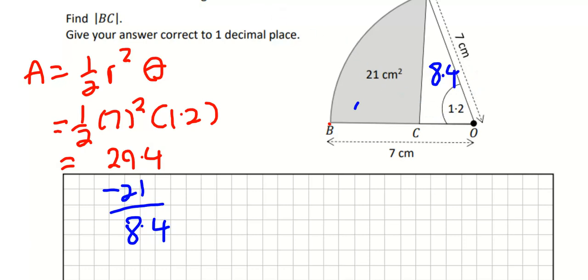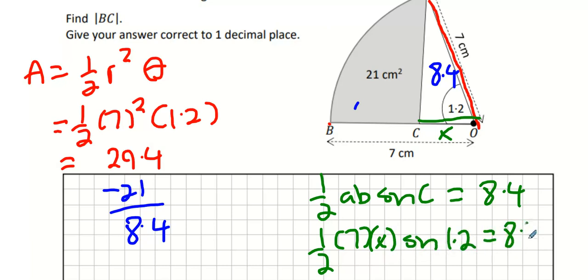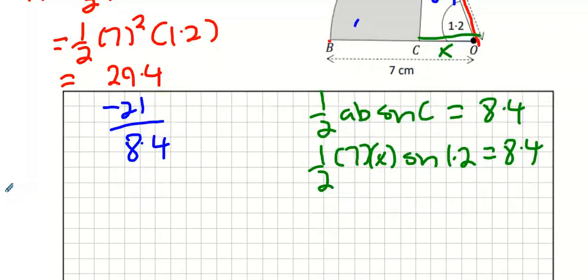Now, I'm going to use the area of a triangle formula. So this red line multiplied by this green line. So a half ab sine C equals 8.4 because that's the area of the triangle. We'll call this green line X. So it's going to be half 7 times X times sine 1.2 equals 8.4, in radians.